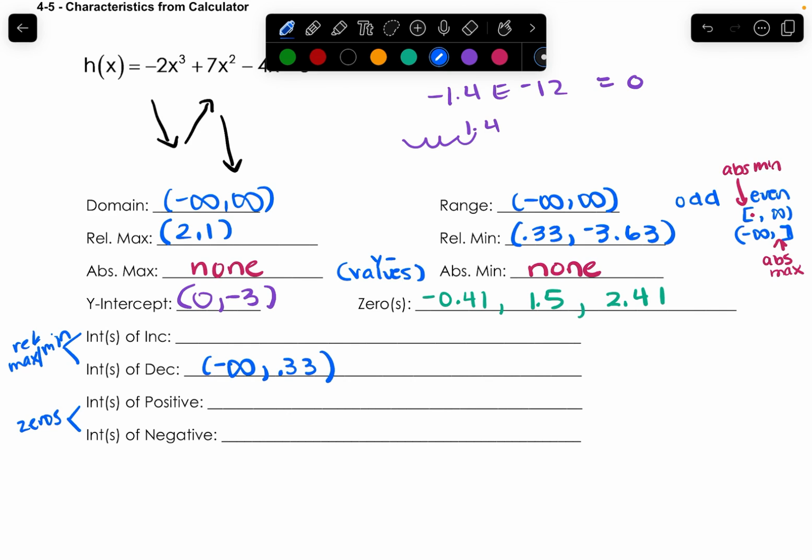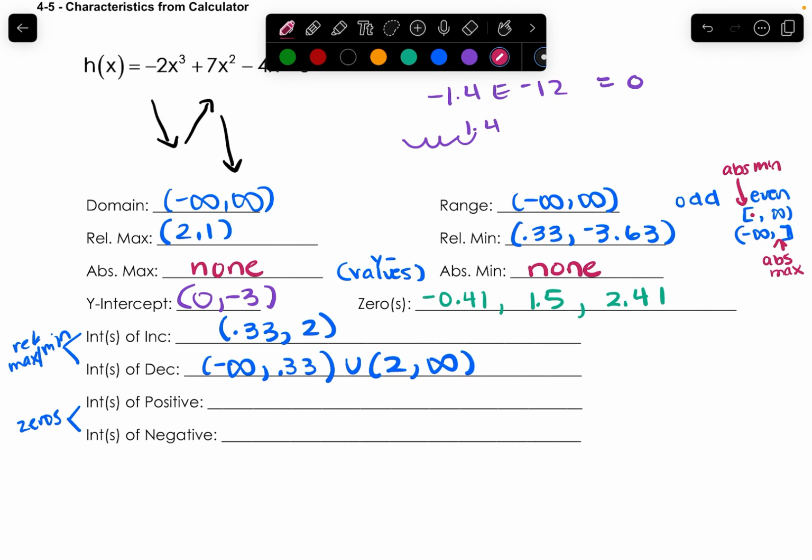Then it starts to increase from -0.33 to the maximum of 2. Then after it reaches that maximum where x is 2, it starts to decrease again as the x's get bigger to infinity.